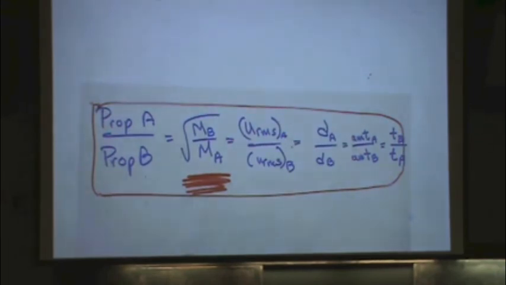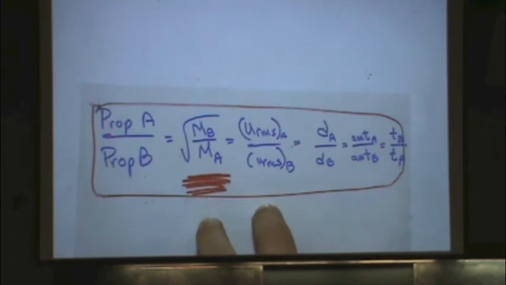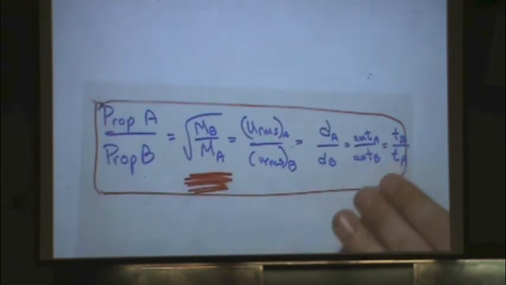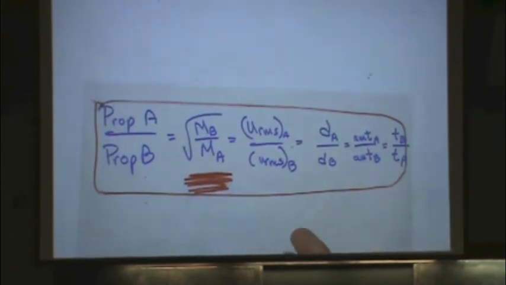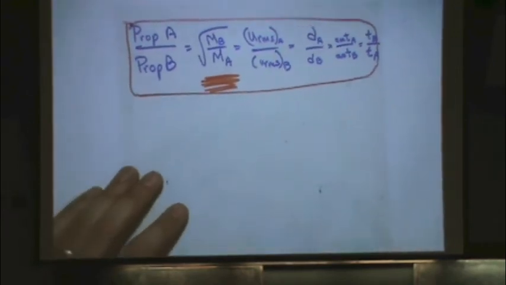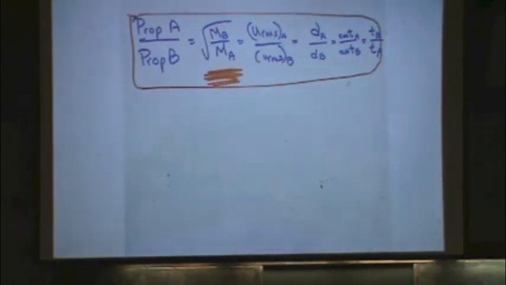Again, on the exam, I'm only going to give you these two. As far as the formula, you need to remember the rest. But it works for all 4 of these properties to the right. Velocity, distance, amount, and time. All right. Good with that?